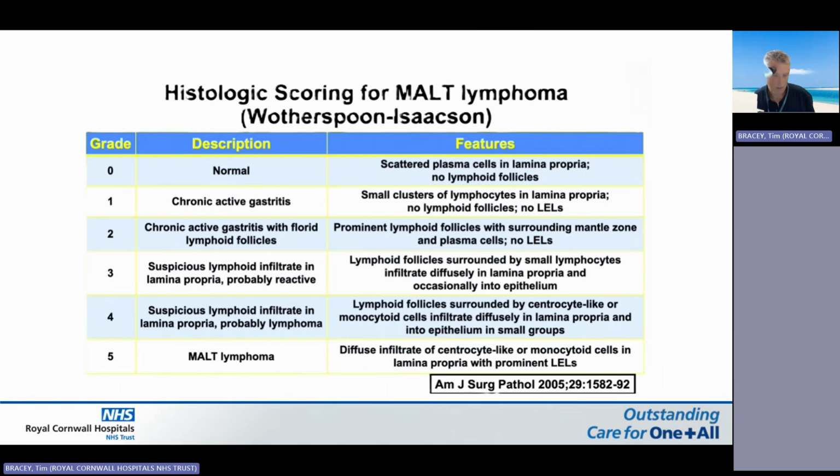The key, I find, to diagnosing MALT lymphoma is the presence of centrocyte-like, monocytoid B cells. Okay, so they're ones with clear cytoplasm. You get your eye in for them, you can identify these. And lymphoepithelial lesions. So every pathologist is slightly between these two, I think. You give them to different experts, then someone will call it a 4, someone will call it a 5.